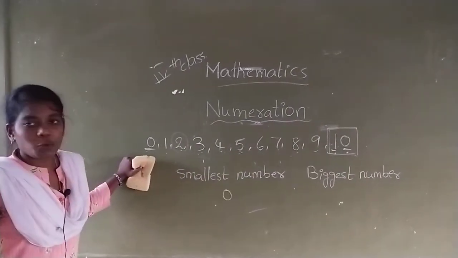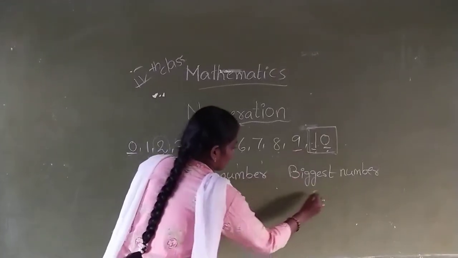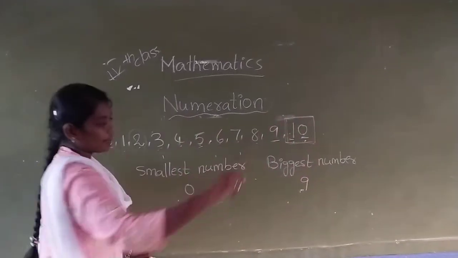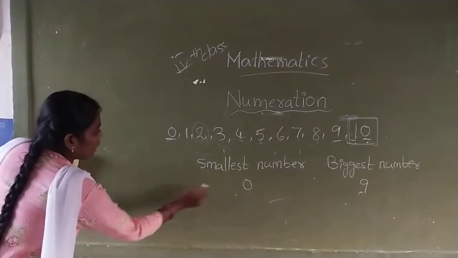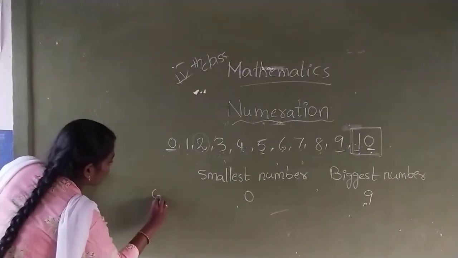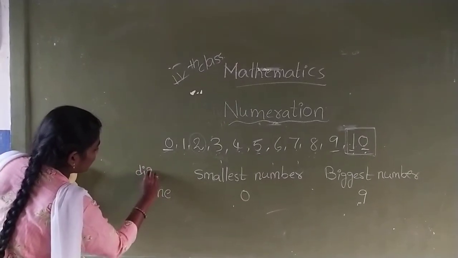In these 0 to 9 digits, which one is the biggest number? That is 9. 9 is the biggest one-digit number. In these numbers, we have only one digit.